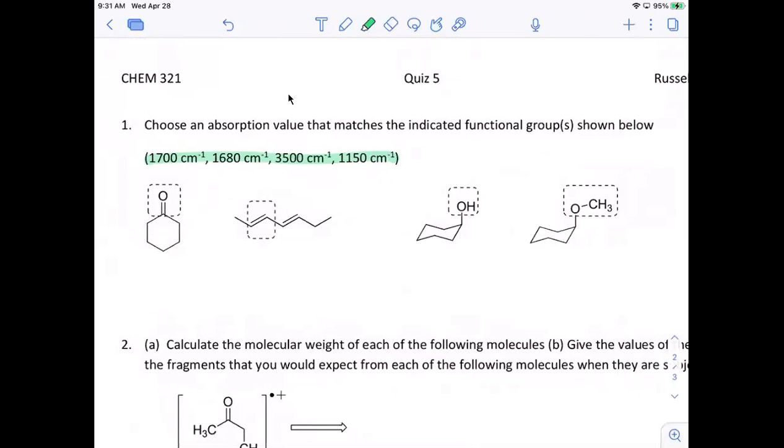We need to match them to the functional group. Which one is going to match the alcohol? Of those 4 stretches that are given, which one do you think is going to match the alcohol?